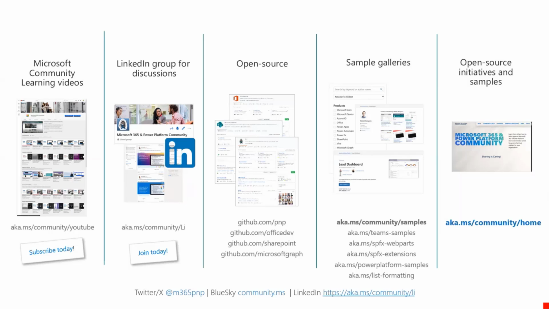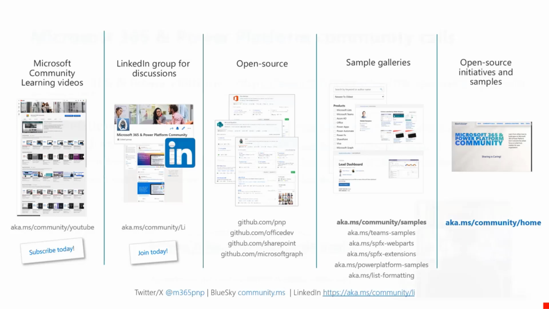So lots of amazing things. And all you got to do is remember every single one of these things. Just kidding. Just got to remember one URL, aka.ms/community/home, or make it even easier, community.ms, HTTP community.ms will take you there and give you access to all of these amazing things in the community that have been created by all of you. So again, we want to thank you for that and check it out.